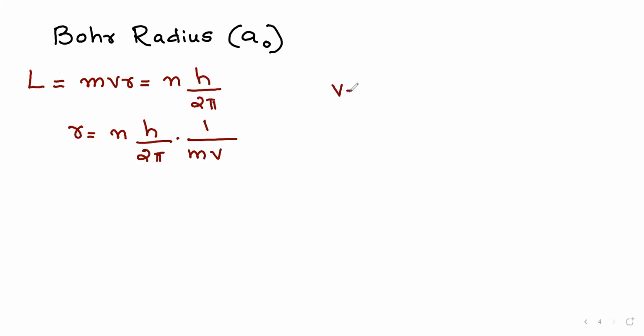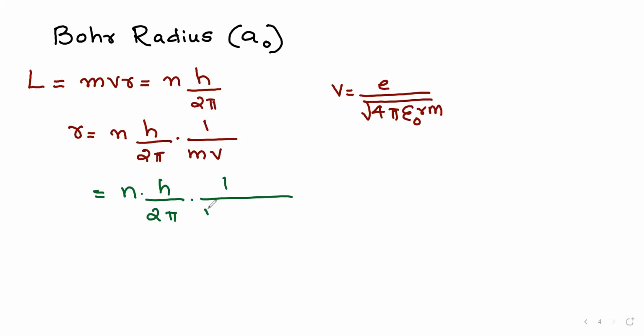V will be equal to e divided by root of 4 pi epsilon 0 rm. So when I substitute this in the equation, you get nh divided by 2 pi into 1 divided by m into, now your v will be e divided by root of 4 pi epsilon 0 rm.